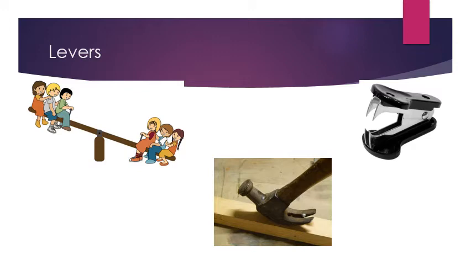Again, the staple pin extractor also helps us take the pin out of the paper. Now, these simple things use a simple machine. That simple machine is called a lever, and we will discuss how important the lever is in our lives and how we make use of it.